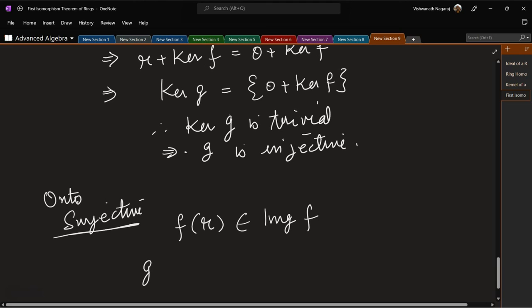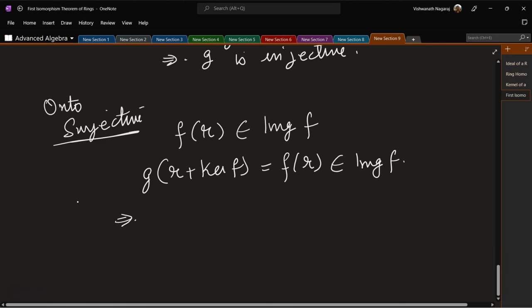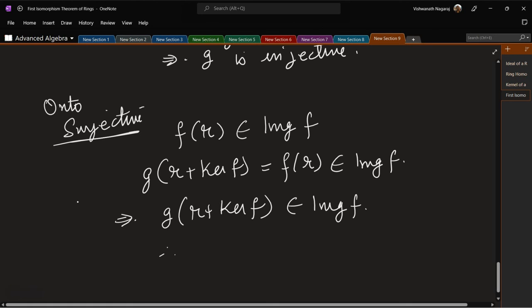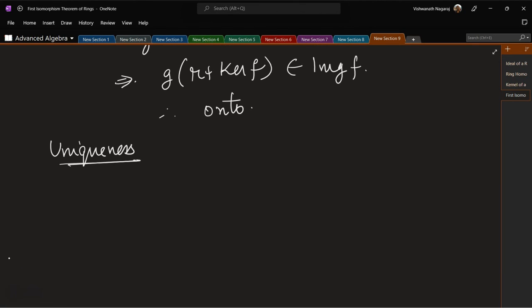Let's apply G. G of R plus kernel of f is equal to f of R, which belongs to the image of f, which implies that G of R plus kernel of f belongs to image of f. Therefore, it is onto.